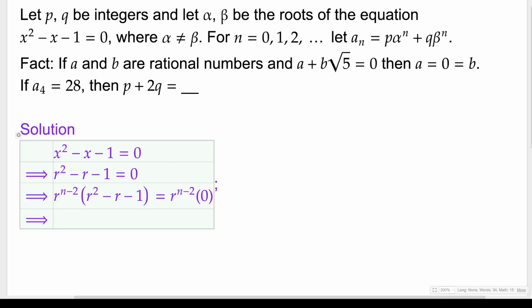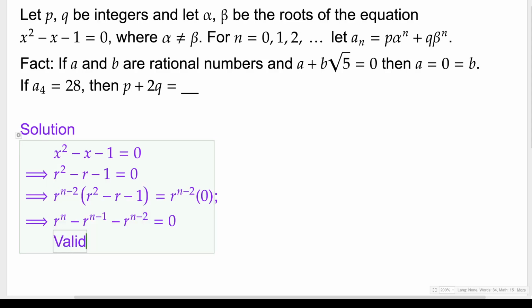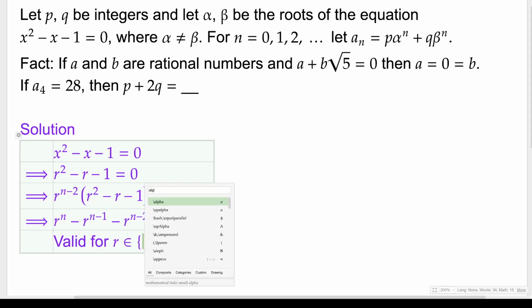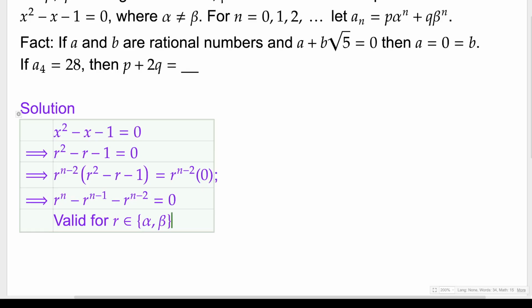On performing this operation, I'll be getting r to the power n minus r to the power n minus 1 minus r to the power n minus 2, equal to 0. We are considering that this is valid for r belonging to the set which contains the roots alpha and beta, and of course these two are not equal, they are distinct.